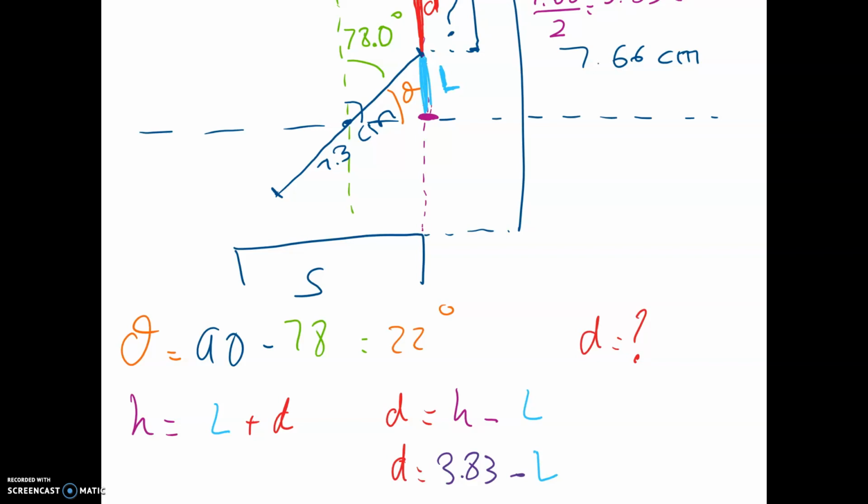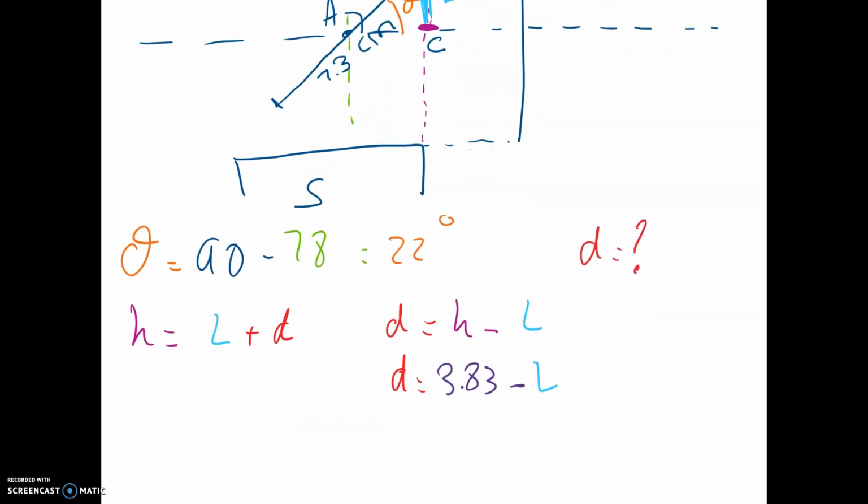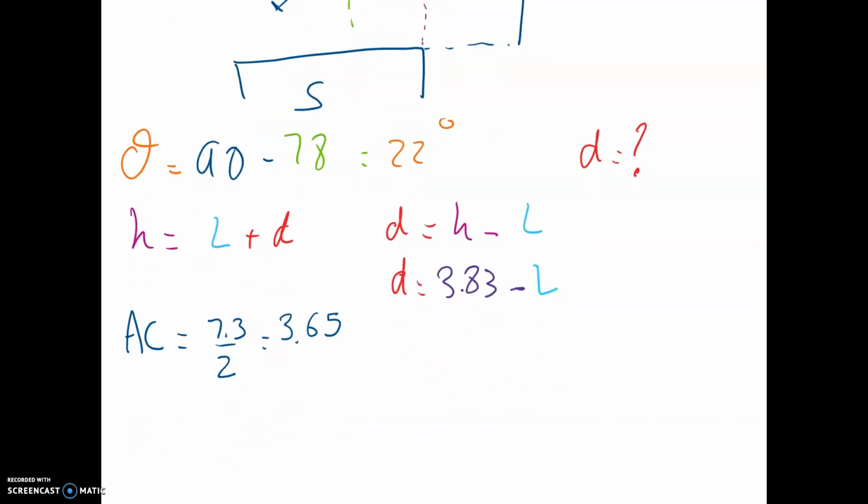First of all, we can define a right triangle A, B, and C. In this right triangle, I know that AB is 7.3 divided by 2, which is going to be 3.65. I know the angle theta. In this right triangle, theta equals 22 degrees. Okay, so I made a tiny mistake. It's not AC which is equal to 7.3 divided by 2, it's AB.